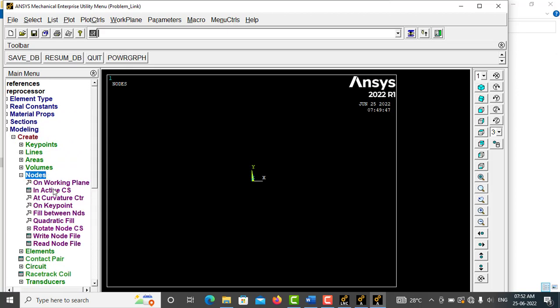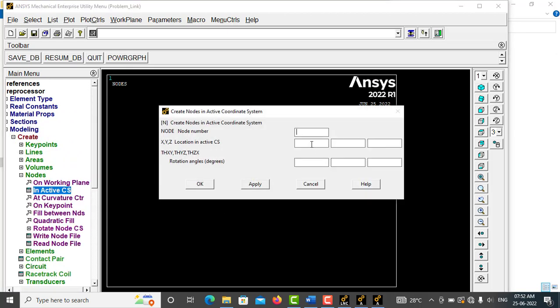Now I'm modeling directly. I'm creating a node in the active coordinate system. Apply 0, 0, 0, that is the first node point, and let me take a gap of 50 for each rod, and the length of each rod is also around 50 mm.